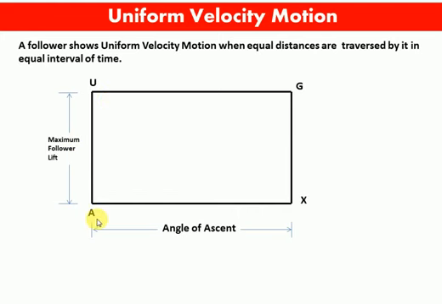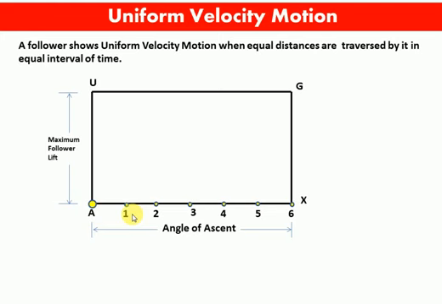Now we divide the angle of ascent, or the horizontal line, into an even number of equal parts, say 6. So we'll divide this line AX into 6 equal parts and name them 1, 2, 3, 4, 5 and 6.